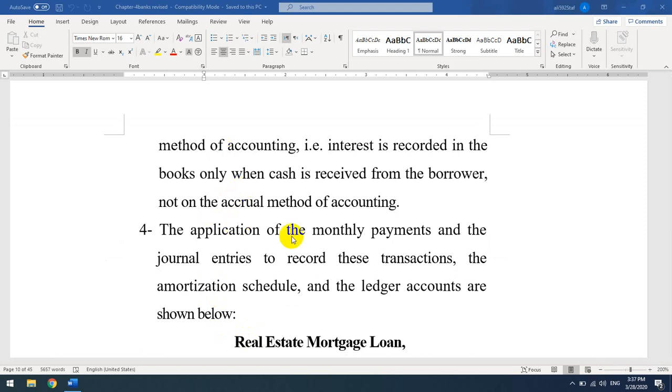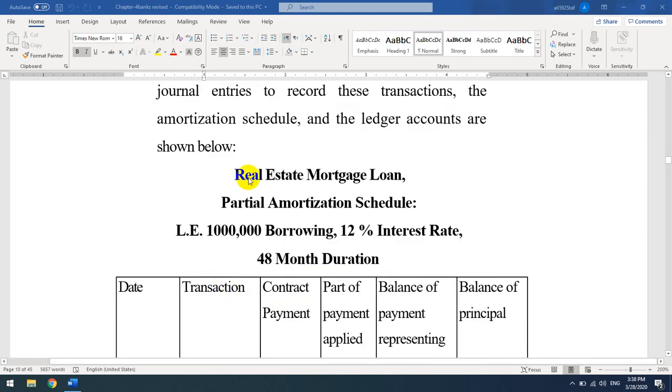The application of the monthly payment, the journal entries recorded, the amortization schedule and the ledger accounts are shown below. Real estate mortgage loan, partial amortization schedule.